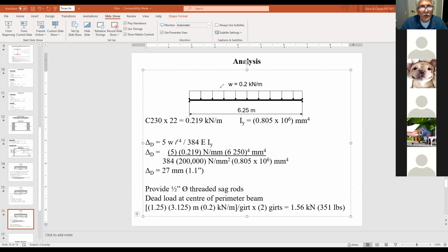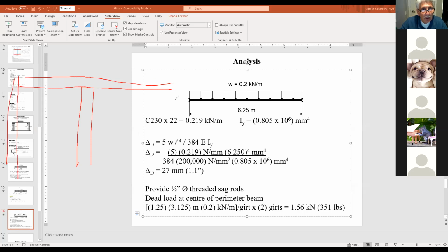Here's the wing column, which is below the beam. Then we have the perimeter beam that goes on top. The other two beams are side loaded like this and like this, and the girt is here, and the girt is there.